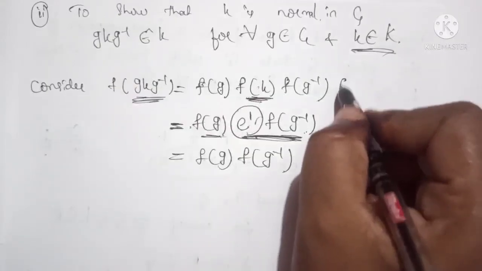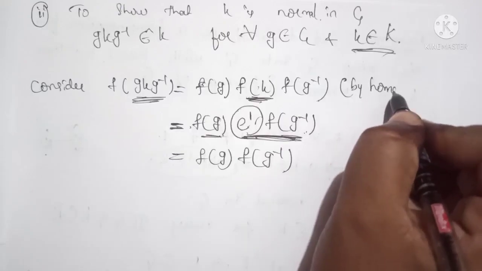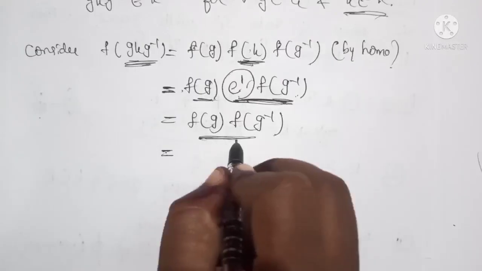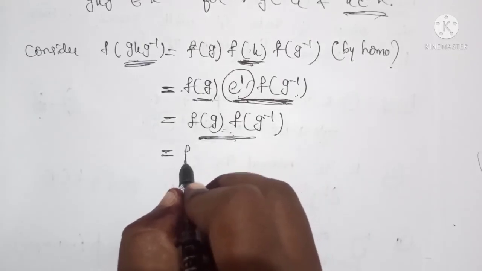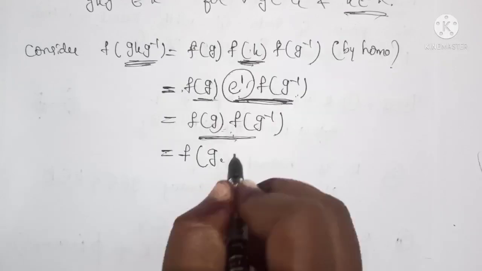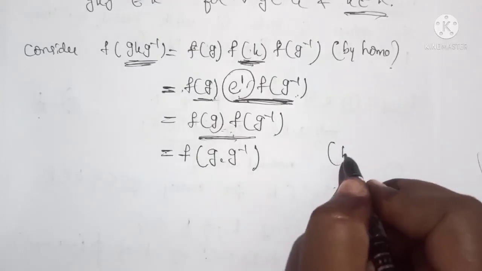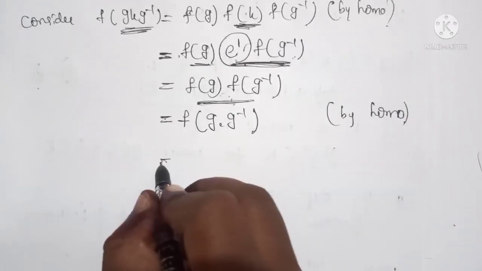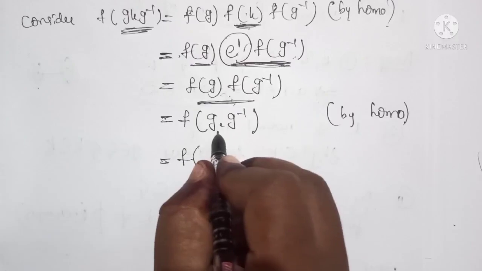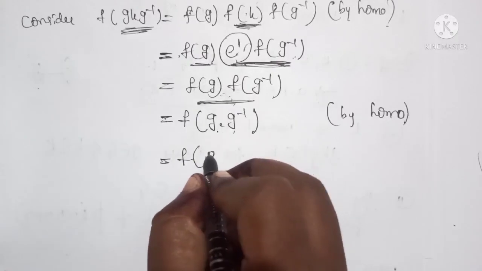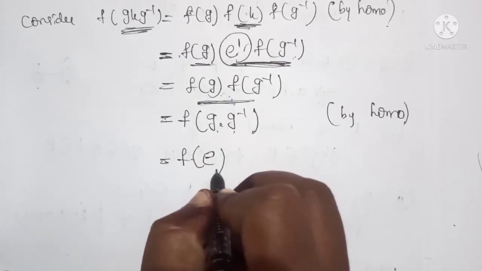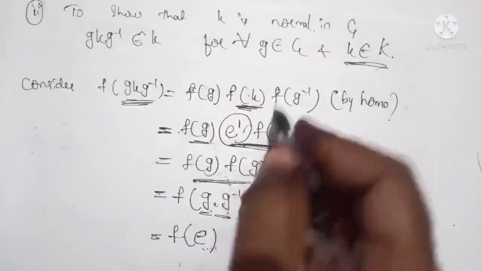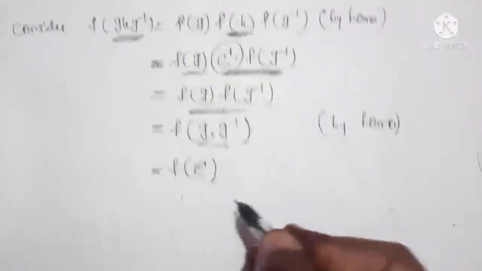This is by homomorphism. Again by homomorphism, it can be written as f of G into G inverse. This G into G inverse is the identity element E, because G and G inverse are elements of G, and the identity element of G is E.